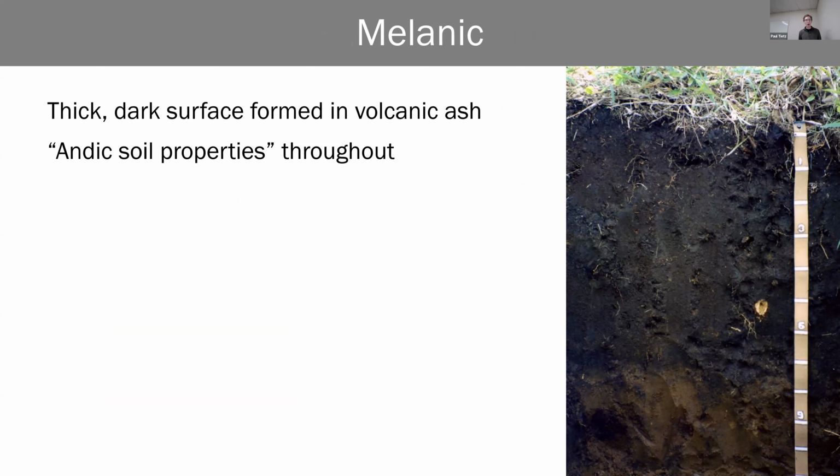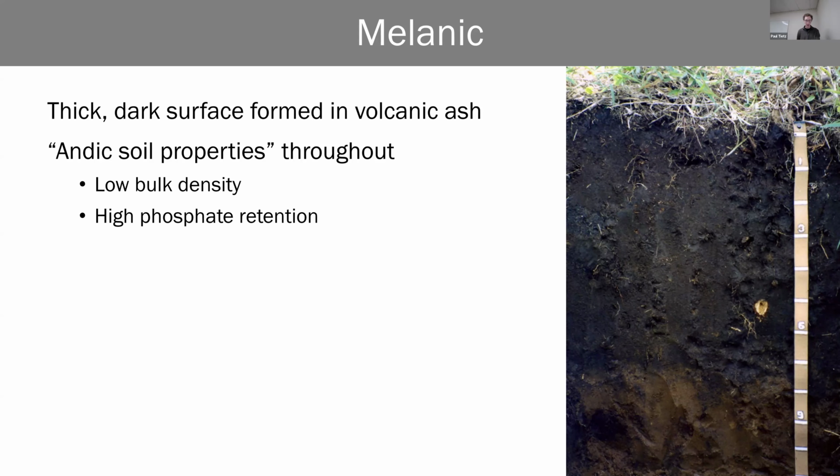Melanic epipedons require these andic soil properties throughout. This is a diagnostic soil feature that we will talk more about soon in lecture. But what does it mean to have an andic soil or these andic soil properties? It's a low bulk density because we know the volcanic ash is really light and loose. A high phosphate retention, so this is going to require a little lab work to find out too.